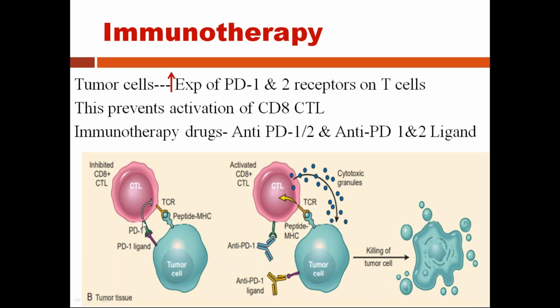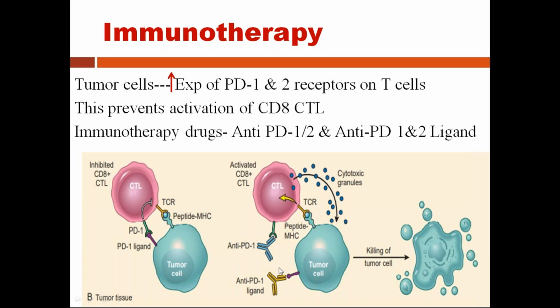The receptor is present on the T cell, and its ligand is present on the tumor cell. Following attachment to this ligand, there is no activation of the TCR, that is the T cell receptor. So the signal transducing pathway does not get activated.